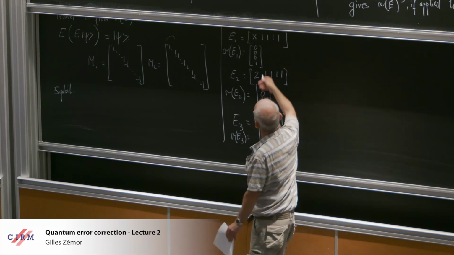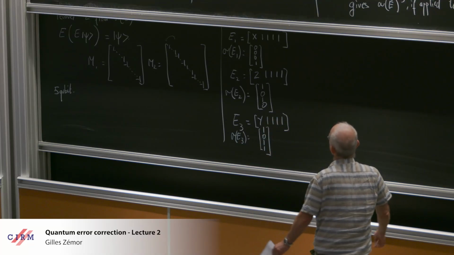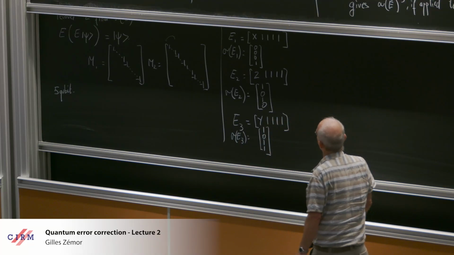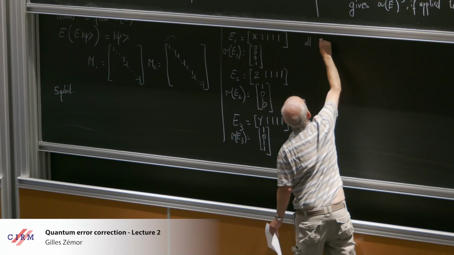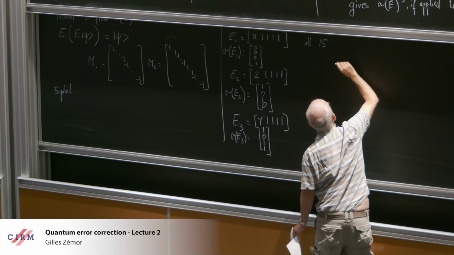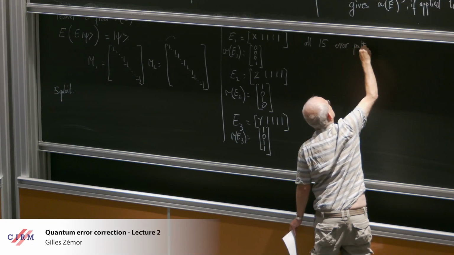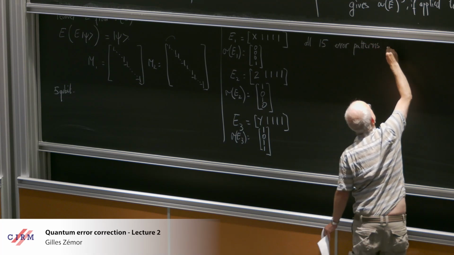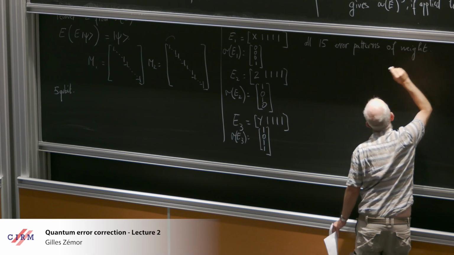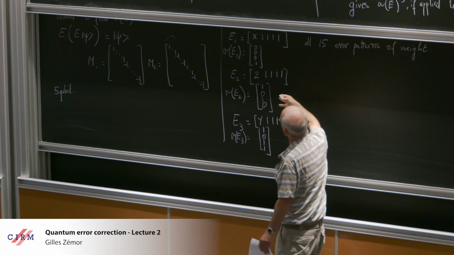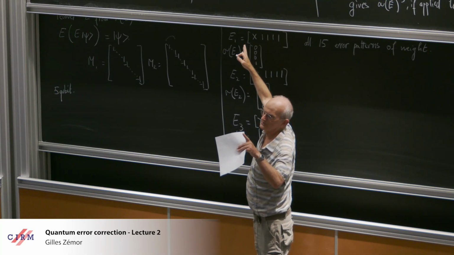And you can notice that all these syndromes are different. And I'm not going to go through all 15 error patterns with weight 1. So what do I mean by weight 1? I mean error patterns that have only one component not equal to identity.